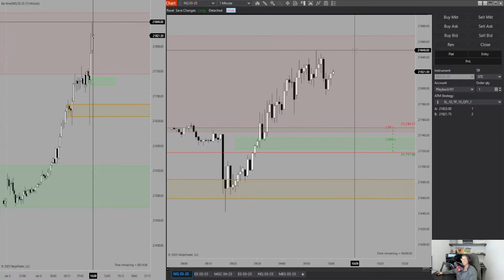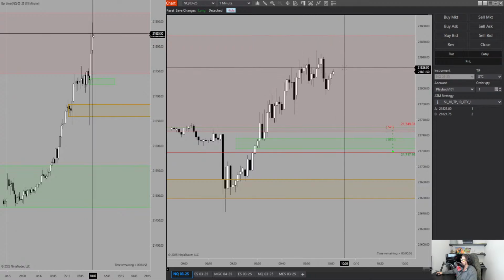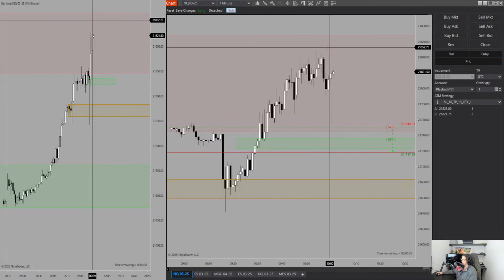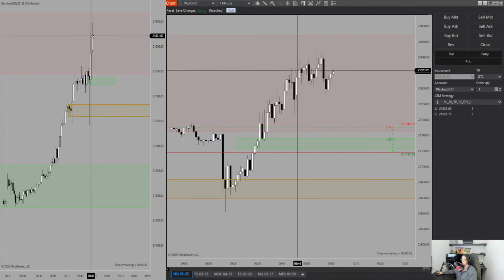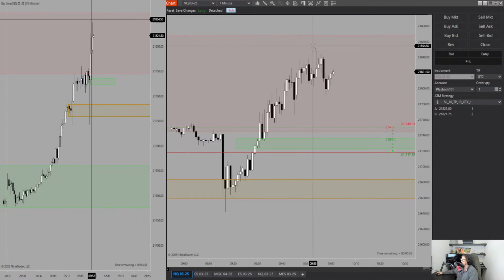We are in supply. Could be looking for a possible short here with all these liquidity grabs. Got 3 right here, a bit of a 3 drives pattern. Nice little reaction, closed above this.